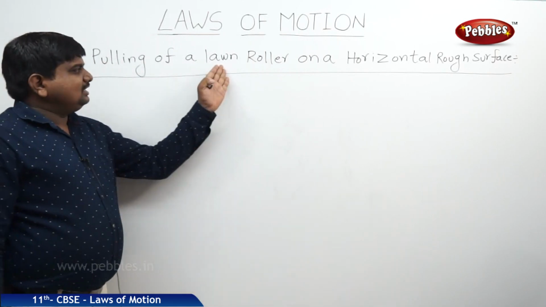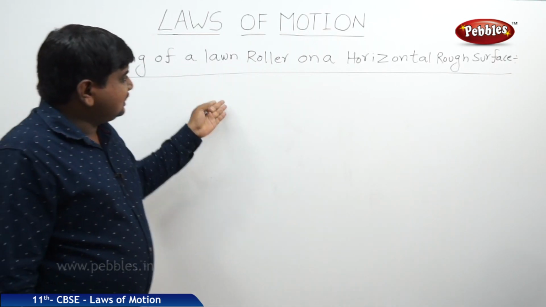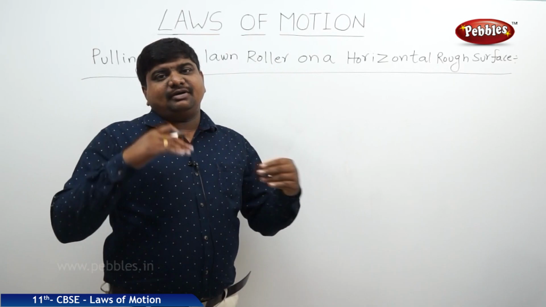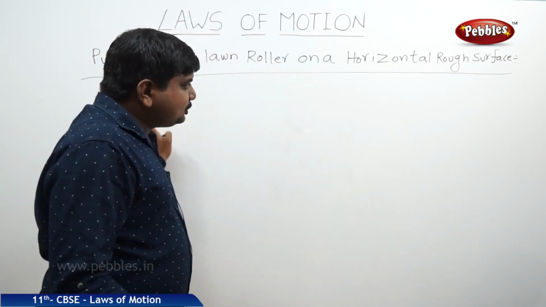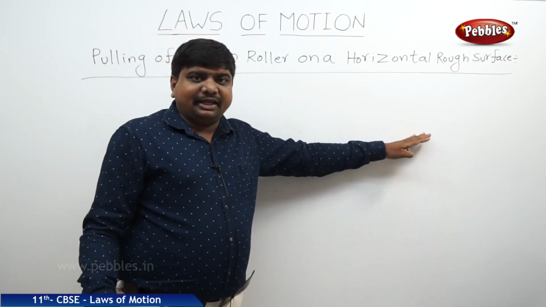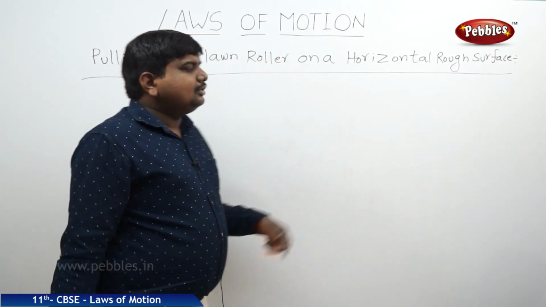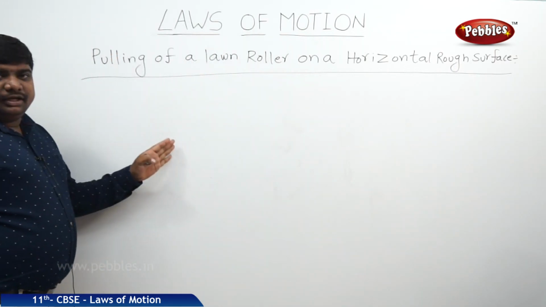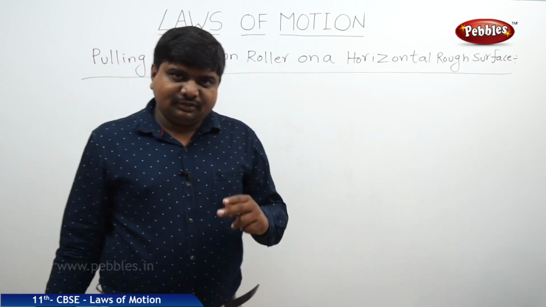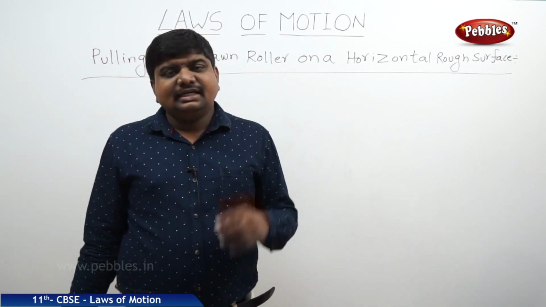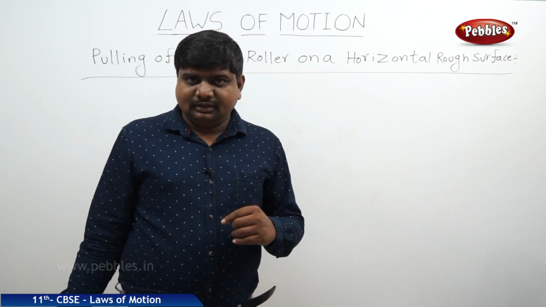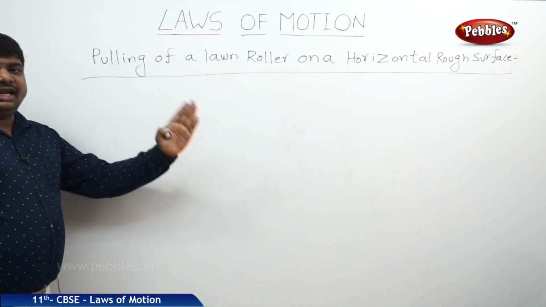So we know the shape of the land roller. Yes, it is a cylindrical drum made of metal or cement, which is used to level the uneven regularities on the ground. This land roller can be moved in two ways: one is by the force of pushing, the second is by the force of pulling. Now we are discussing the pulling of the land roller.